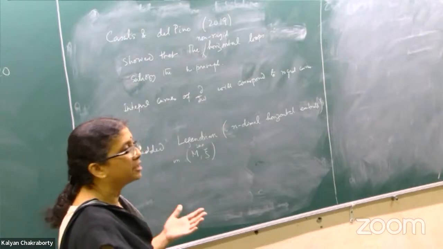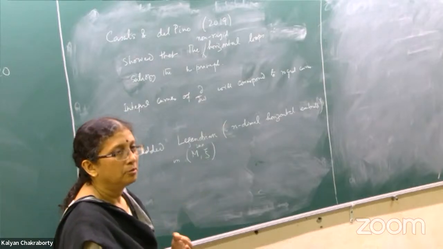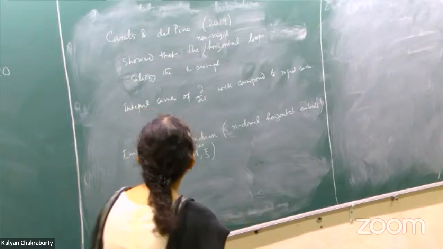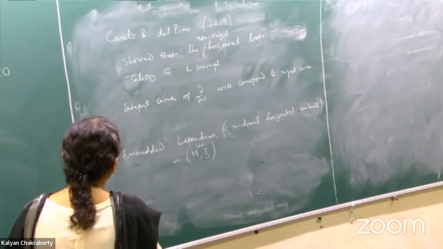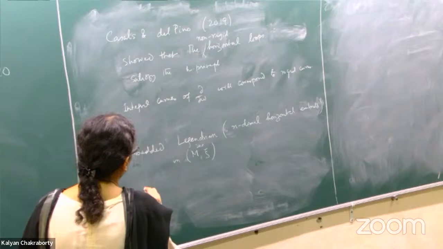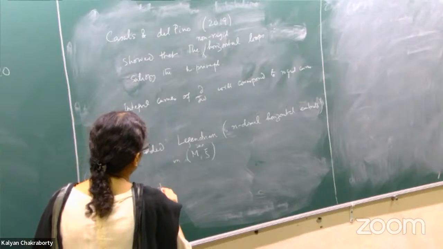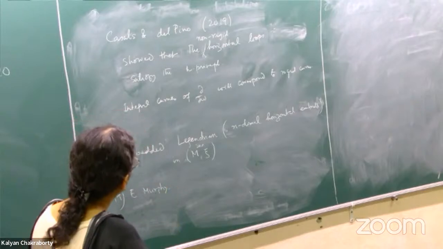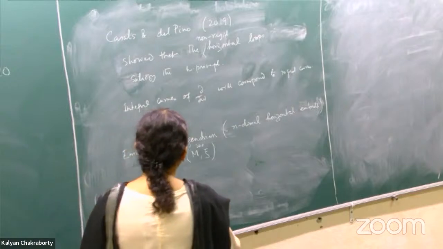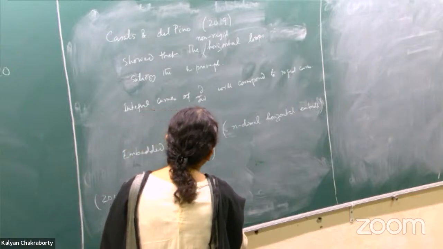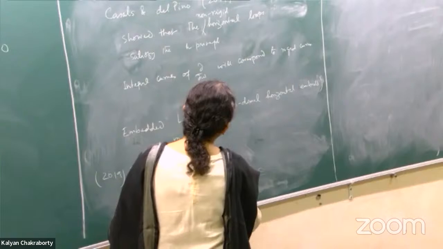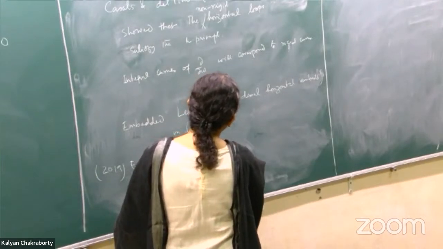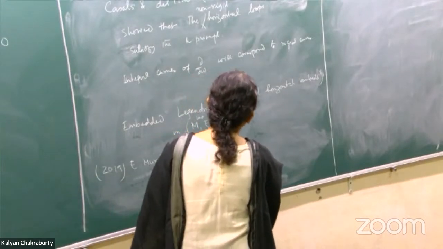But in higher dimension, things are slightly more favorable. So there is a recent result by Emmy Murphy. So she proved that there is a class of Legendrians, loose Legendrians. So this is very technical.